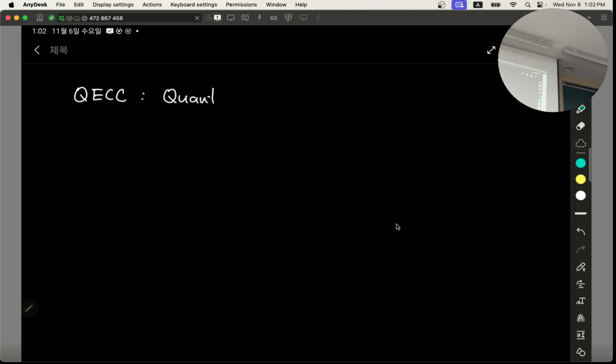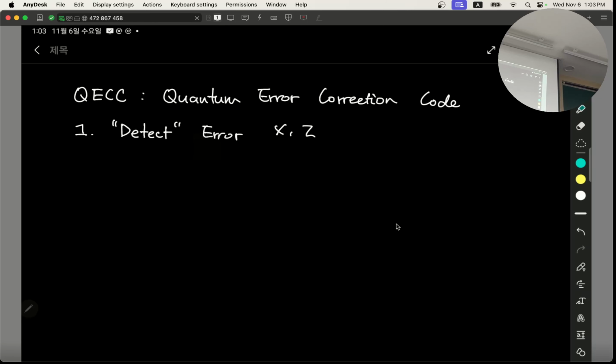First, it has to be used to correct errors, so it somehow detects quantum errors. As I said, there are two types of quantum errors, an X error and a Z error, so it has to be able to detect these errors.